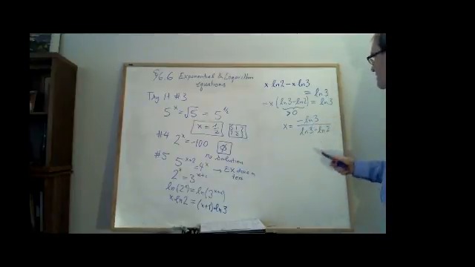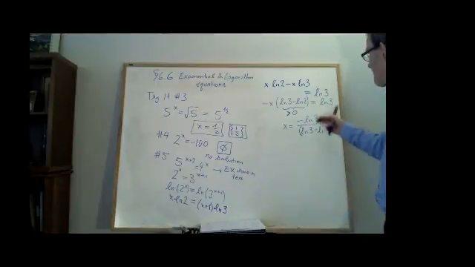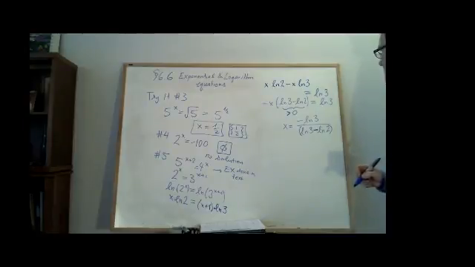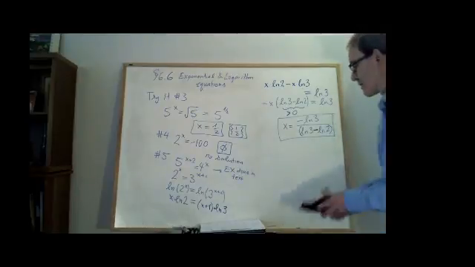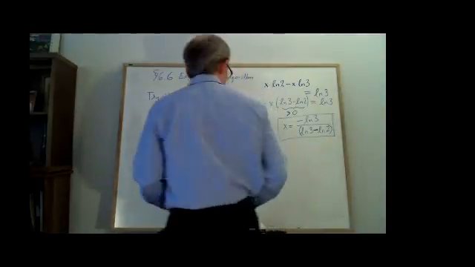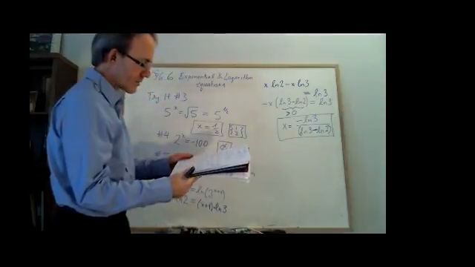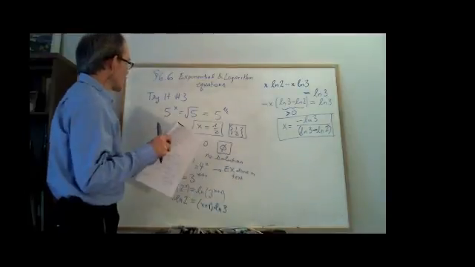I can't cancel these two because this is in brackets here, and it's a sum, or a difference here, not a product. So I cannot cancel the 3 here. And so this will be the final answer, which I can then use a calculator to find a number for if I need it. Okay, so that was try it number 5.